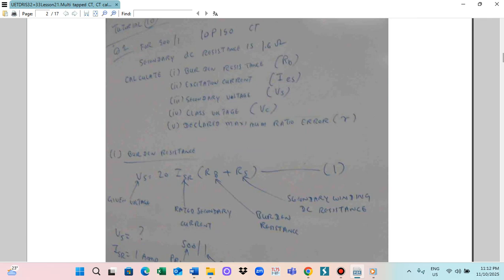This equation is IE multiplied by 100 divided by IS into K. In this case, IE is the secondary exciting current, and IS is 20 times rated secondary current.